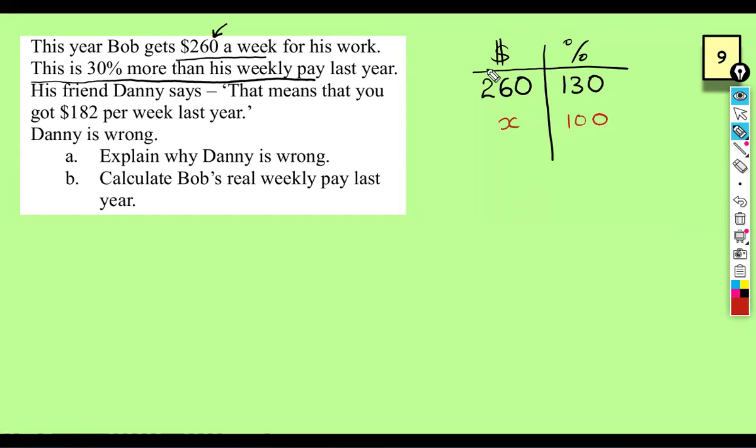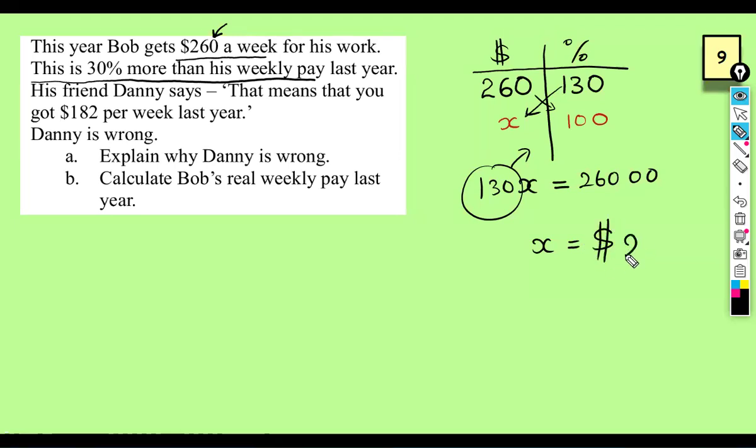Put x here and cross multiply and solve for x, right? So you get 100x is equal to 260 by 100. Solve for x quickly. Throw across that multiply, get your divide. Right, and you all should be seeing this on your calculator. 200. Right, so I'm glad we did this question, right?